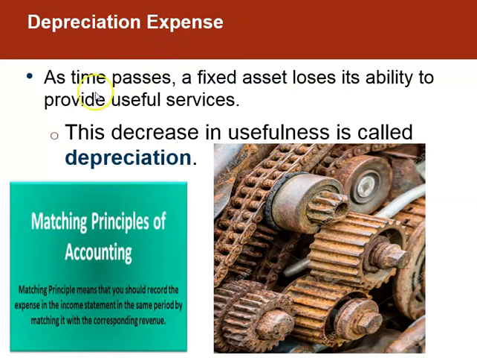So it says here, as time passes, a fixed asset loses its ability to provide useful services. This decrease in usefulness is called depreciation. Okay, so let's think about this and what this says here. We have to be careful about the way we word stuff with regard to depreciation, because the term depreciation is misused in almost every context that you will hear it out there in the world.